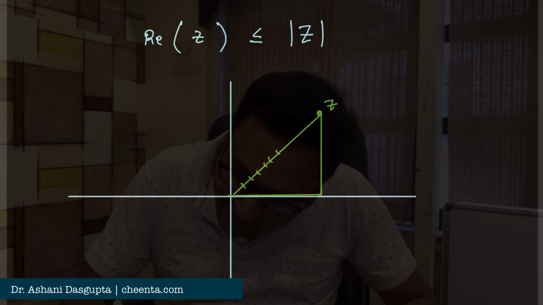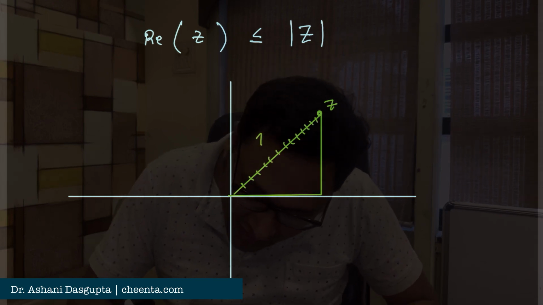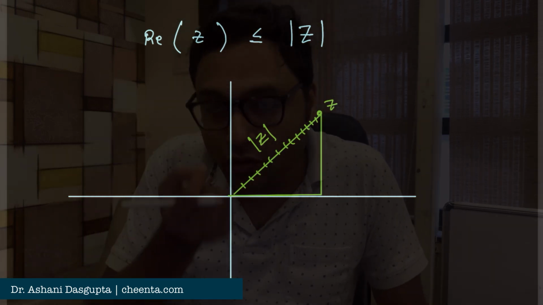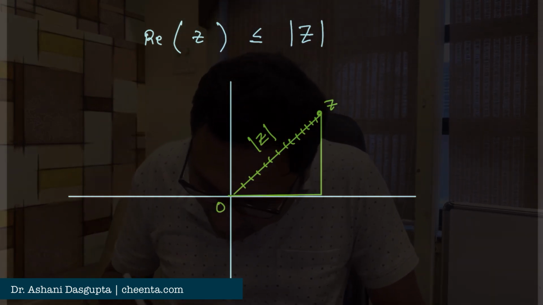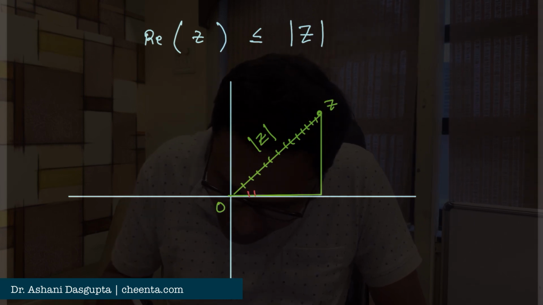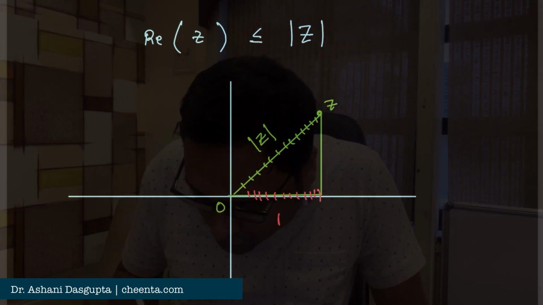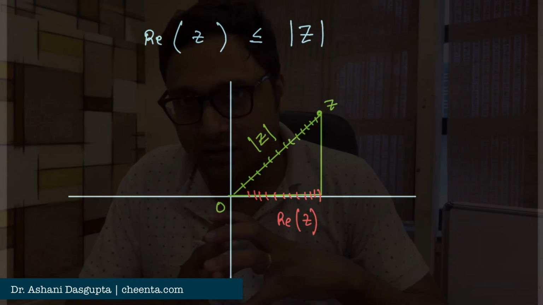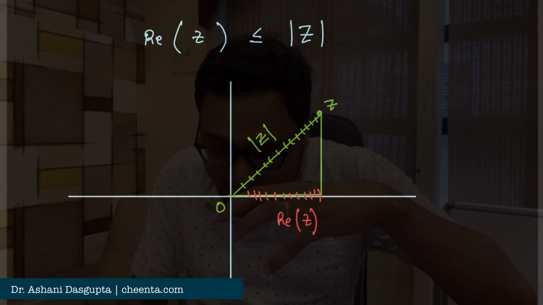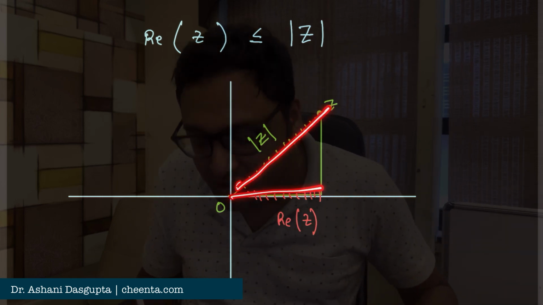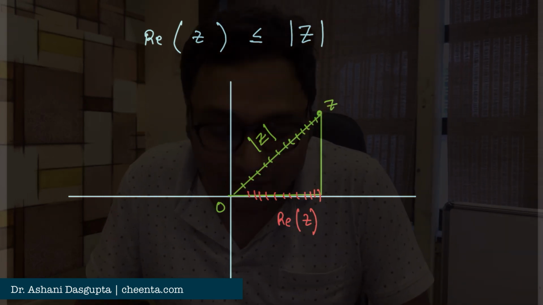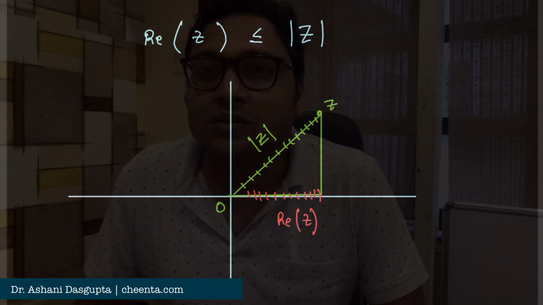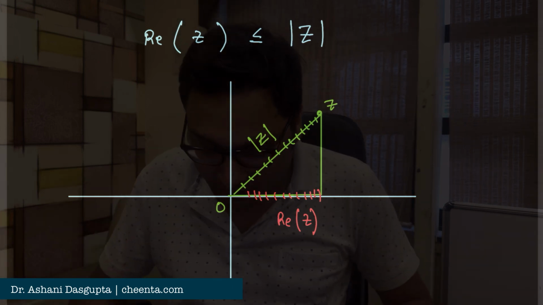Then this length is the modulus of the complex number, the distance of the point from the origin. And this length, I'll do it in red, is the real part of the complex number. So certainly the hypotenuse is larger than one of the sides of the right triangle. So the real part of a complex number is less than or equal to the modulus of the complex number.